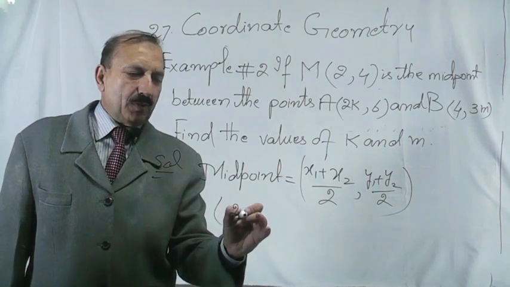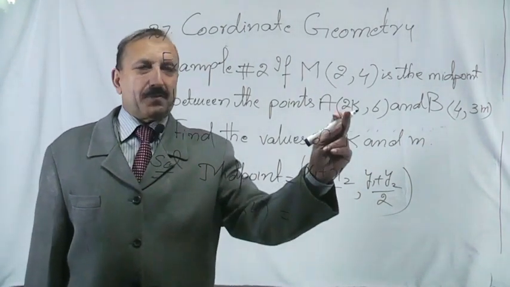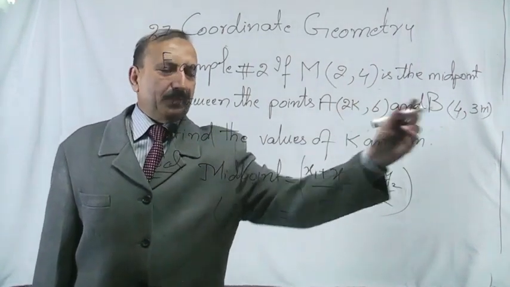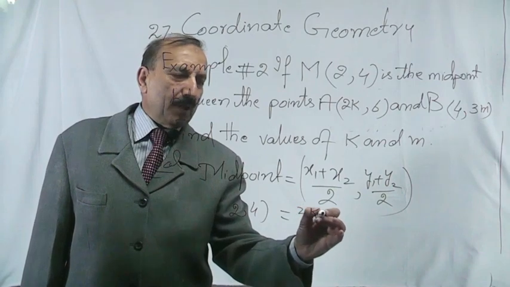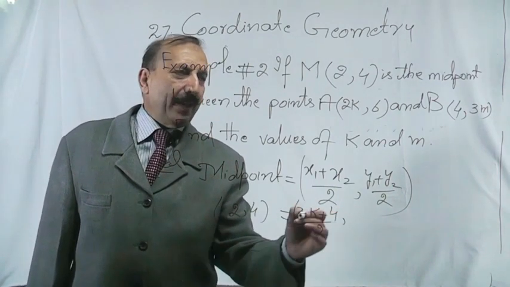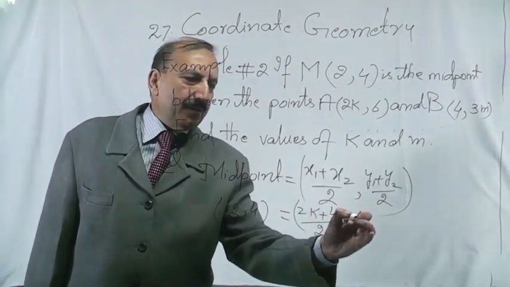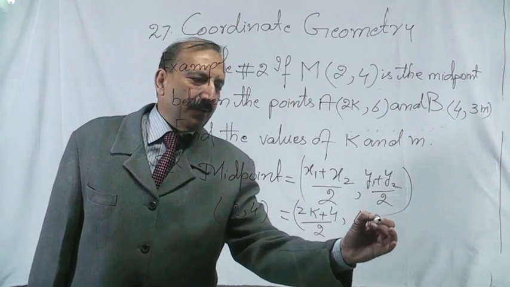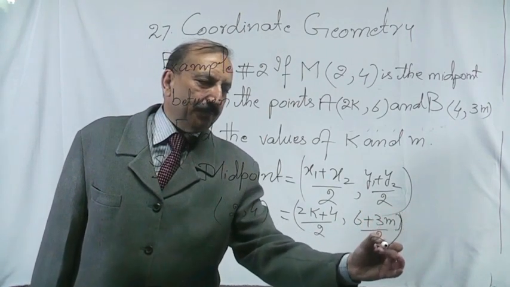This is 2 and 4, and here x1 and x2 give 2k plus 4 divided by 2, and y1 and y2 give 6 plus 3m divided by 2.